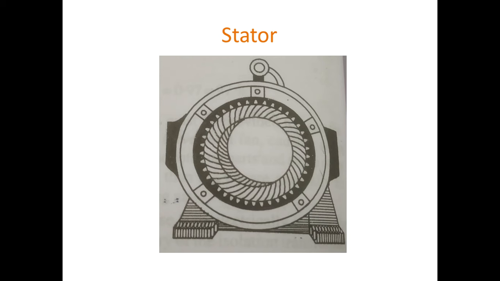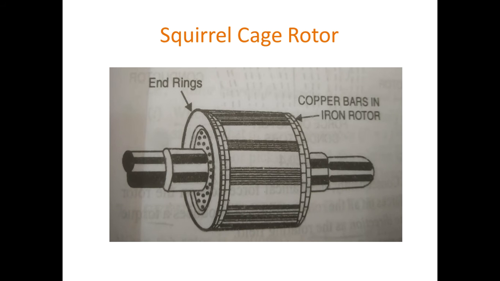Now let's move on to the rotor part of the induction motor. The rotor is mounted on the shaft of the machine. There are two types of rotors available in a three-phase induction motor.